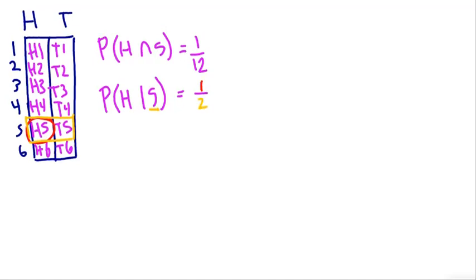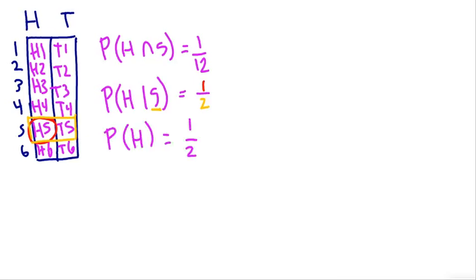Thus, the probability of H given 5 is 1/2 because only one of our 2 outcomes with a 5 also has an H. If we compare that to the probability of getting H by itself, we notice that the result is the same. Therefore, the 5 had no effect on the probability of H, thus the two events are independent.